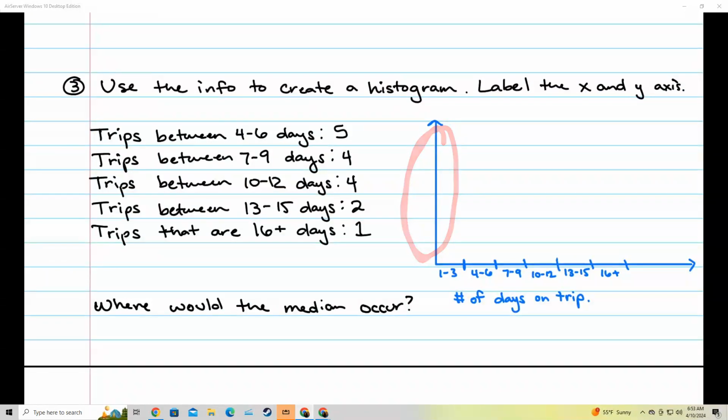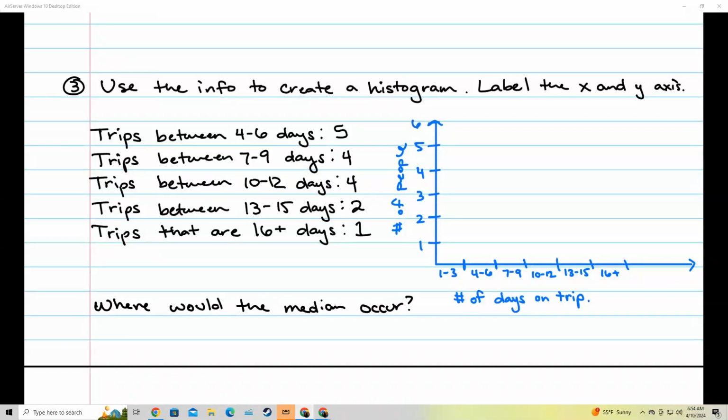So we're going to say number of people who actually went on these trips. So it might be one person, maybe it was 2 people, or it was 3, 4, 5, and we can go as high as 6, even though I didn't get anyone that had 6 people going on a certain day of trip.